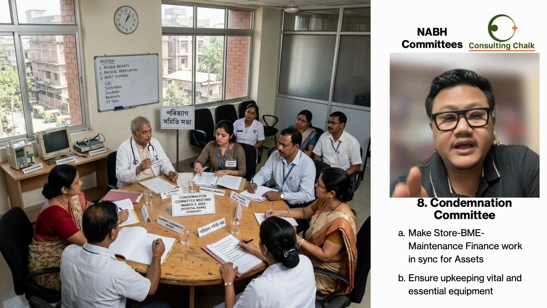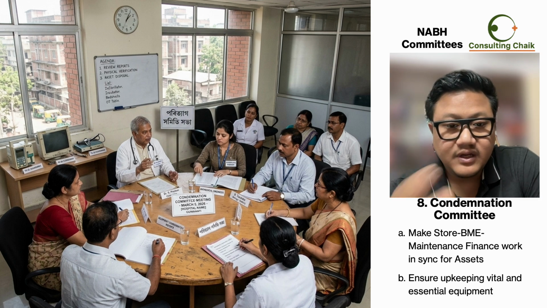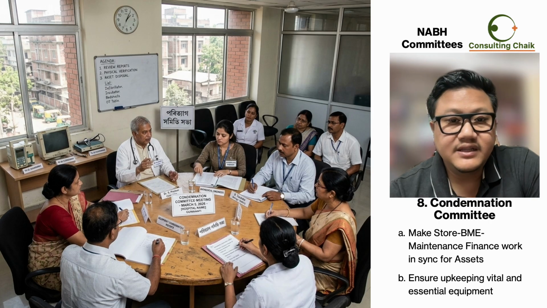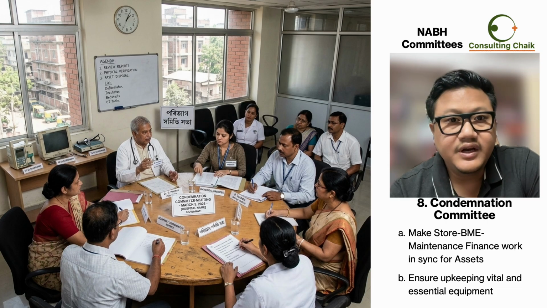So how do they ensure that? The biomedical engineer and the maintenance person can always tell in the Condemnation Committee meeting that these equipments are nearing their service life, and you have to renew them. You have to get a new one so that the patient's care is not compromised in any way.